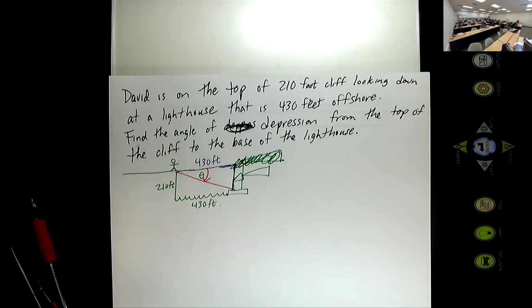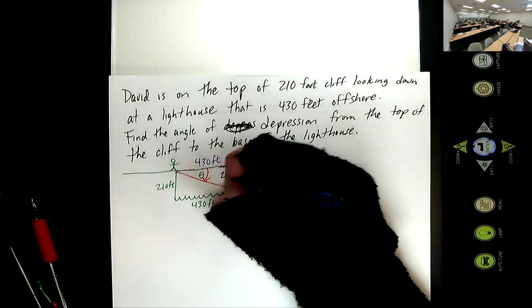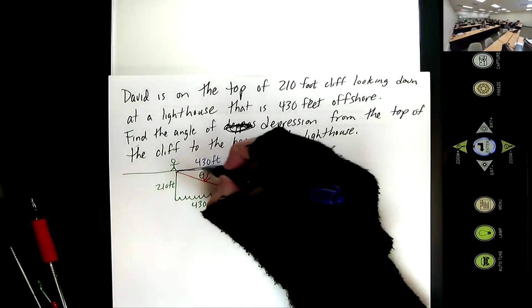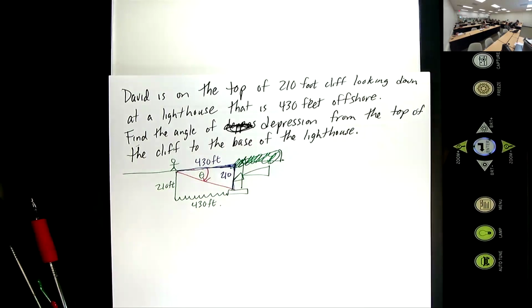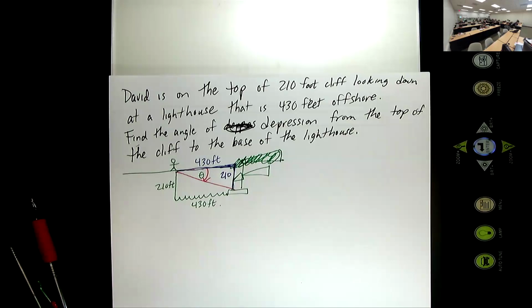Anything else I can safely assume? The other side is, that seems like a good assumption too. I'm assuming that I kept a horizontal line here, and if I went straight out, that's how angle of depression is measured. It should be 210 also, that seems like a reasonable assumption. We'll assume the base is right at ground level, of sea level.